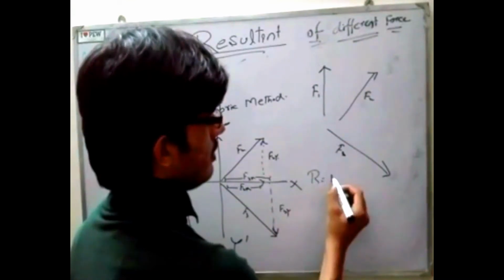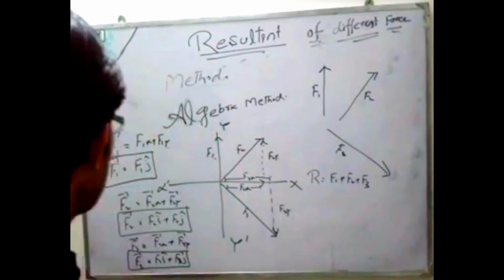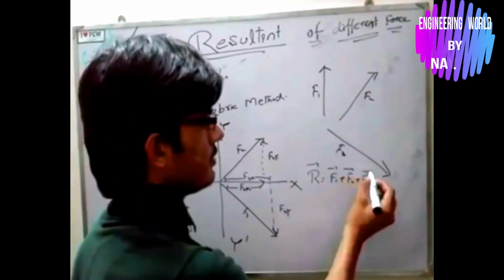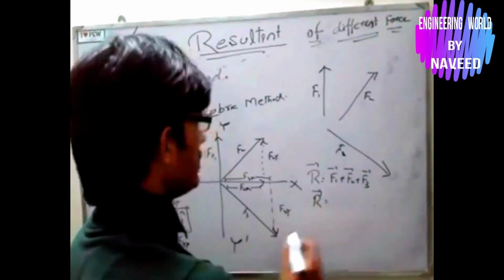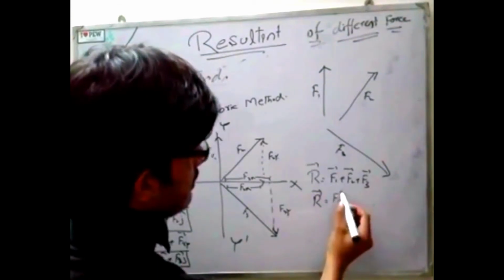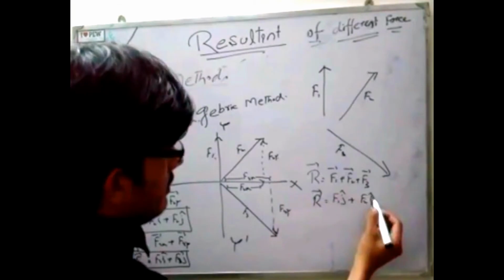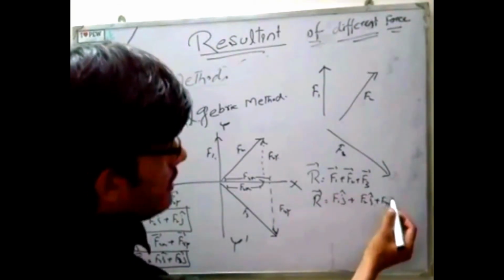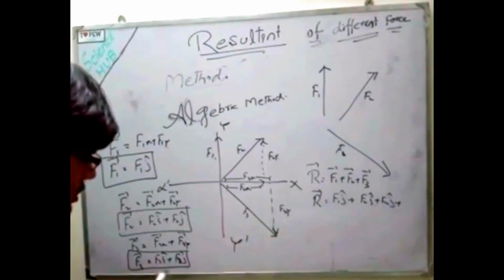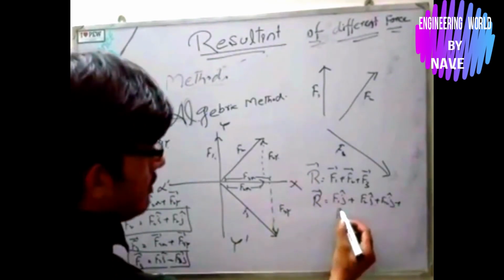Now in order to find the resultant, we know that the resultant is equal to F1 plus F2 plus F3, the sum of all the forces. Now here I find F1, F2 as well as F3. Just putting the values here, you get the resultant. F1 here is equal to F1j, F2 is equal to F2i plus F2j, and F3, sorry, here the y component is along the negative direction, so it should be minus.